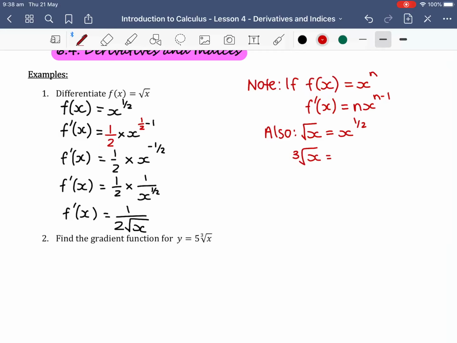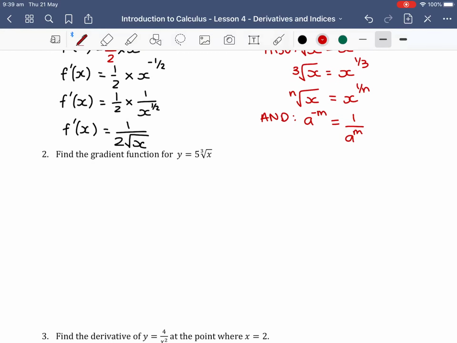The cube root of x is equal to x to the power of a third. And the nth root of x is equal to x to the power of 1 on n. And finally, a to the power of negative m equals 1 over a to the power of m. That's what we use to help us with that question.